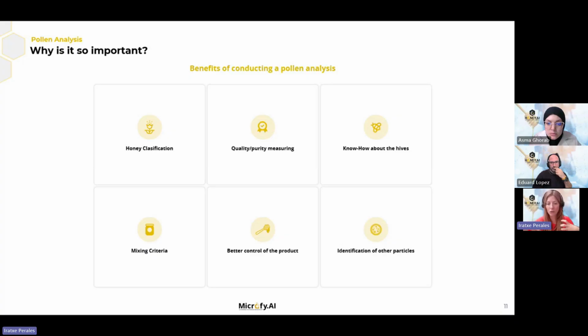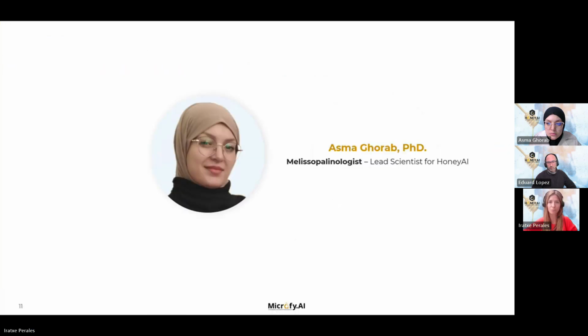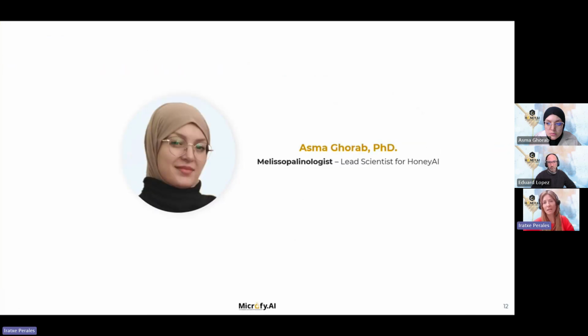We can see a lot of other microorganisms, other particles. So in the pollen analysis, we will provide you with a lot of information. And now Asma will present how the sample preparation and the analysis are done. So it will be my colleague Asma. She's our melissopalynologist, and she will speak now.